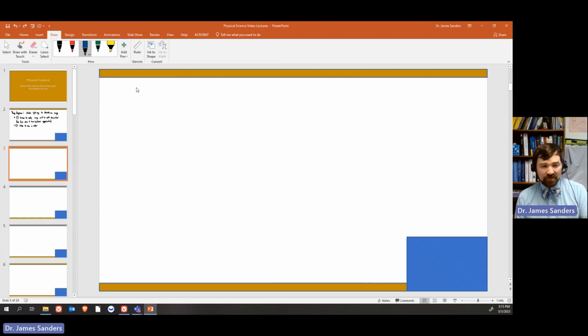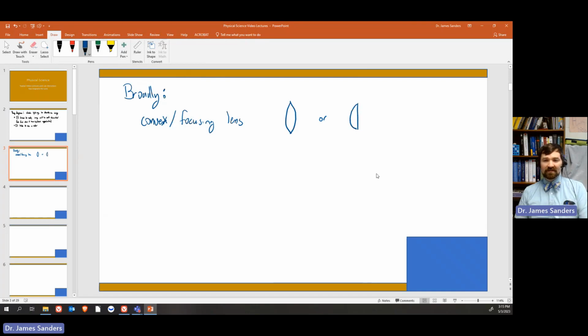So first, before we draw this, consider two types of lens. Broadly, you have convex, which are focusing lenses. Usually you draw them like this, or maybe you draw one side curved out and the other side straight like this, some such thing. And then you have concave, or defocusing.